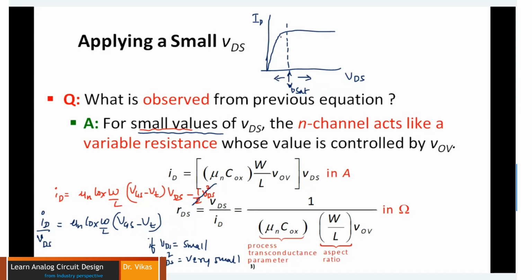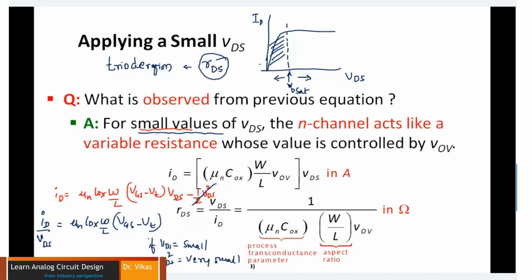So for all the smaller values of VDS, there is a small resistance offered by the channel when the value of VDS is very, very small. Or I can say there is a small resistance RDS that comes into the picture in my triode region of operation.